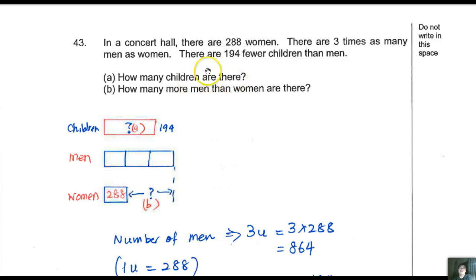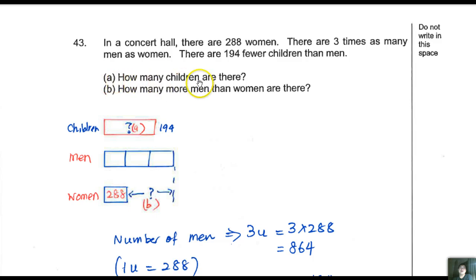But before that, you see, this says there are 194 fewer children than men. Okay, look at here, men, children, lesser by how many? 194. So the box for children is something like this, and a question mark over here means how many children there are.